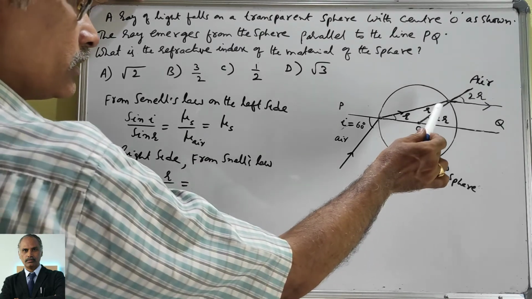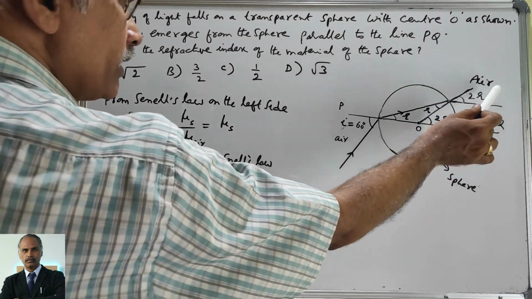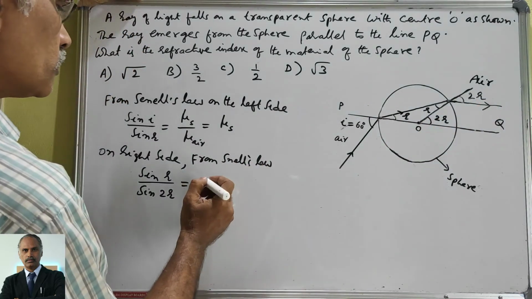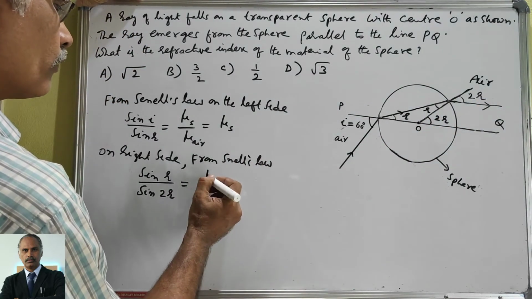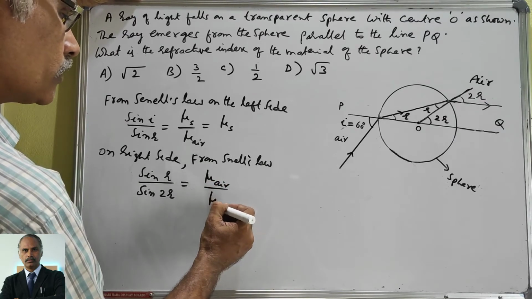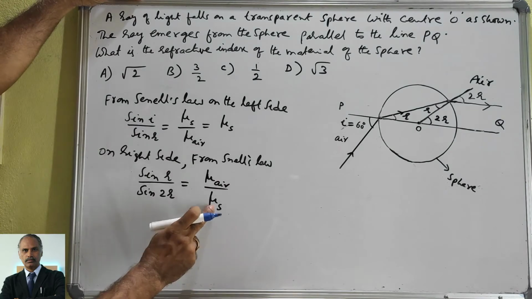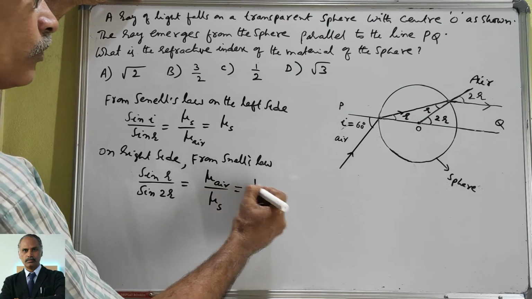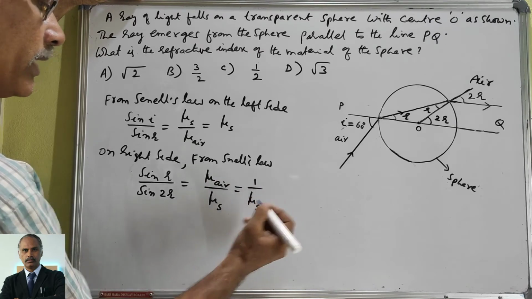This gives the refractive index of air with respect to the sphere. Mu s means refractive index of the sphere, and mu air is 1. So 1 by mu s.